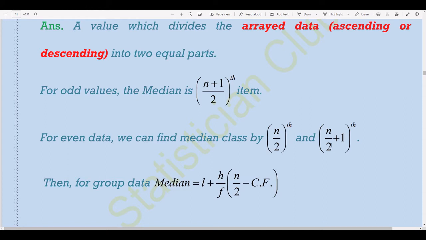Take your observations at the third and fourth positions, add them up and divide by 2. So you can solve this with the help of even data.